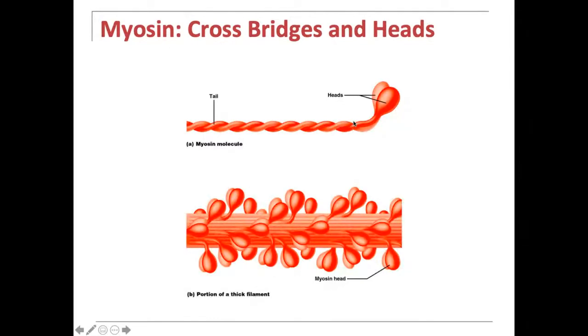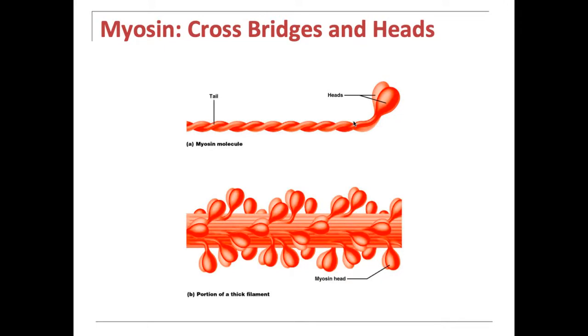When you think of myosin, think of it as like your forearm and elbow. Your elbow has a bend to it, and then you have your wrist that has a bend to it. So at first, your elbow comes up, the myosin head is on top.